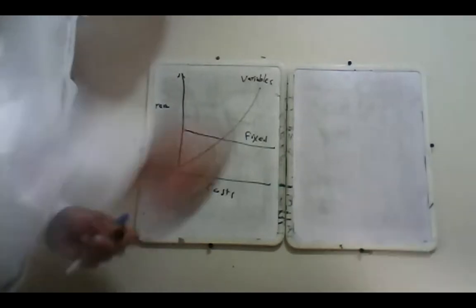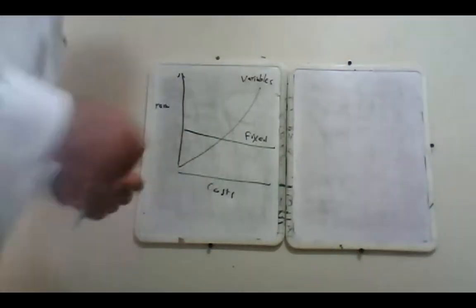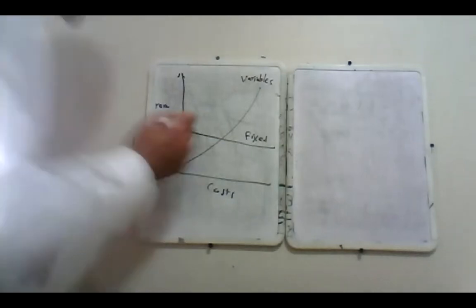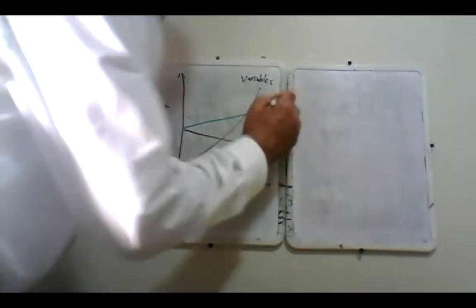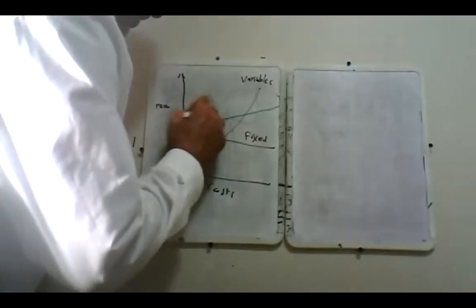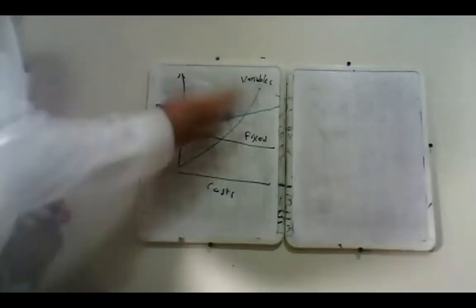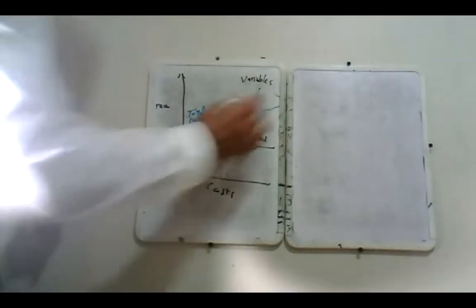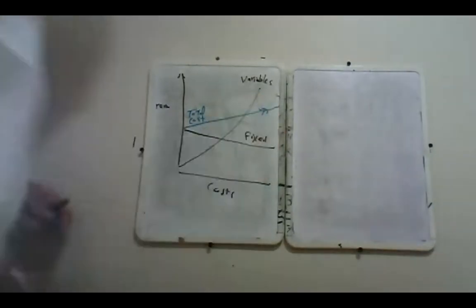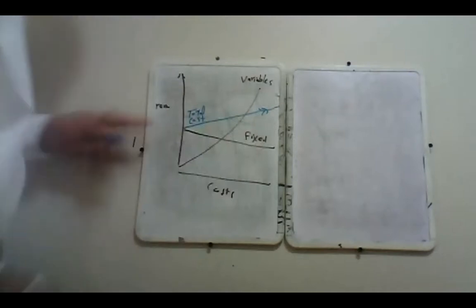Then we have something called total costs. Actually, I will do it in blue so you will understand it. This is the total cost. The total costs are both the variable and the fixed.